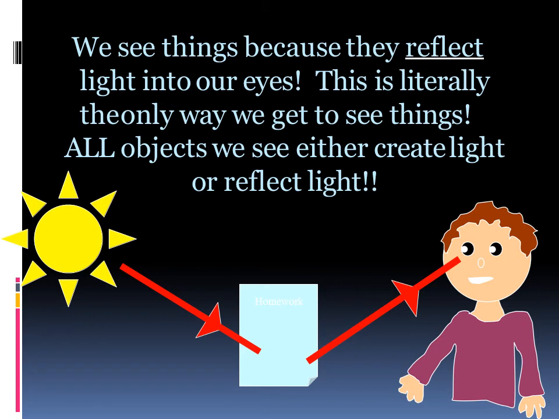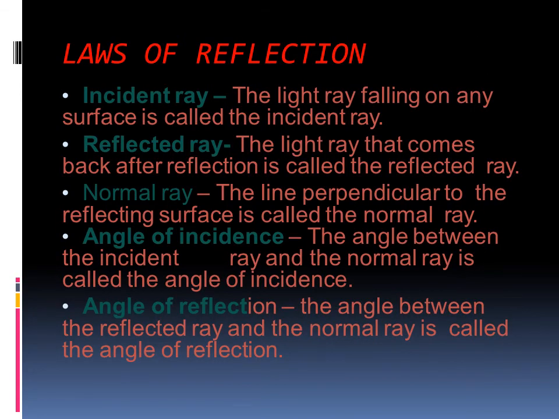So let's move further and discuss the laws of reflection. What are the laws of reflection? First we have the incident ray. What do we mean by incident ray? Incident rays are those rays which fall on the object. The light ray falling on any surface is called the incident ray.